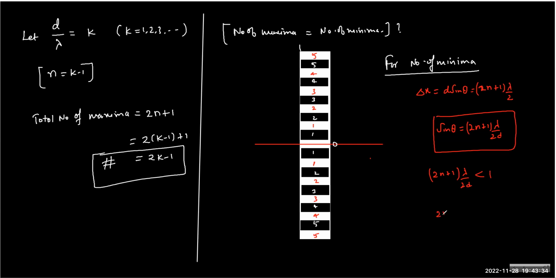And therefore 2n plus 1 is less than 2d by lambda. So 2n is less than 2d by lambda minus 1. So n is less than d by lambda minus half. Correct?